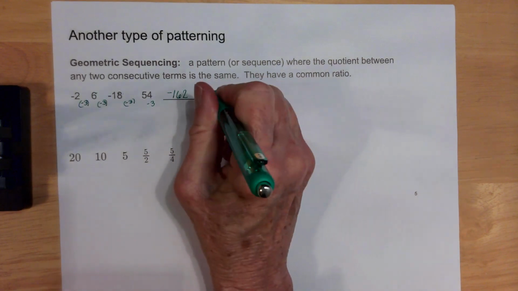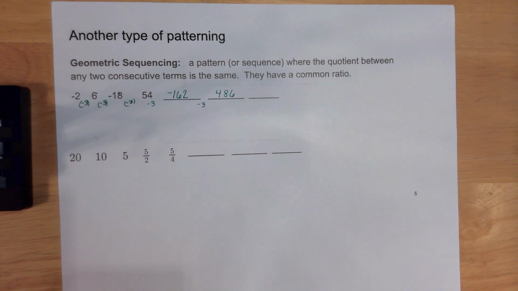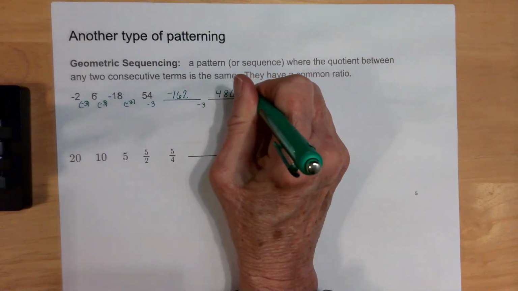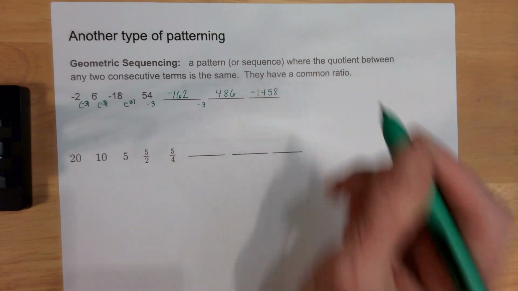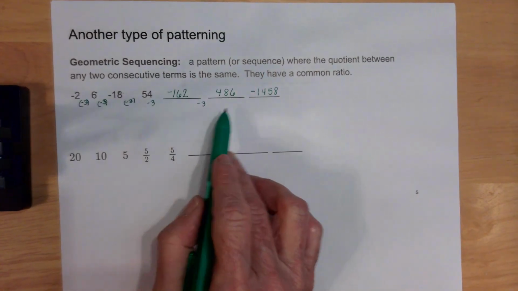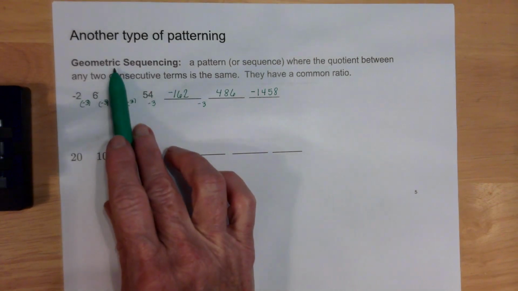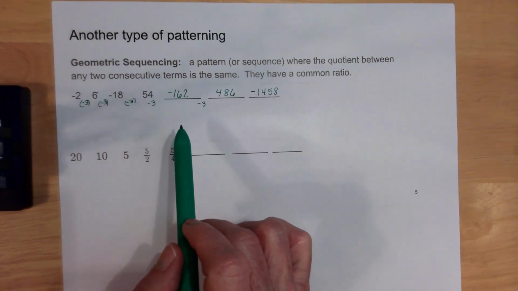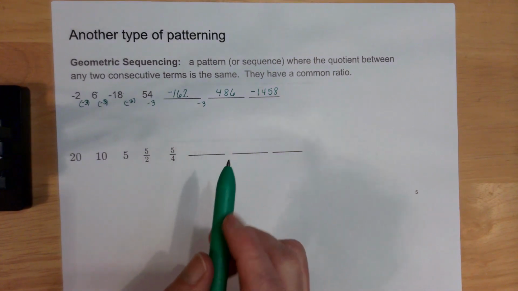And it's going to give me 486, which I'm going to multiply by -3, which is going to give me -1458. So between each one of these, I multiply by -3. That makes it a geometric sequence. Geometric is multiplication, arithmetic is addition.